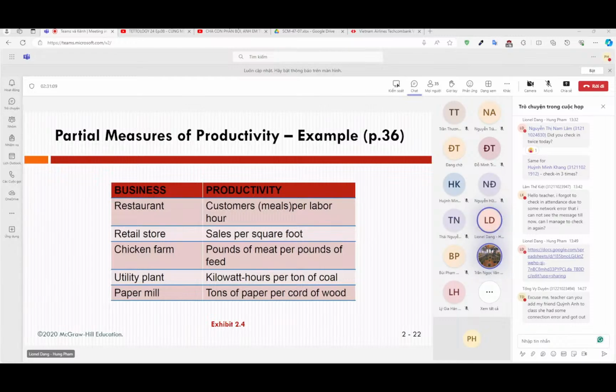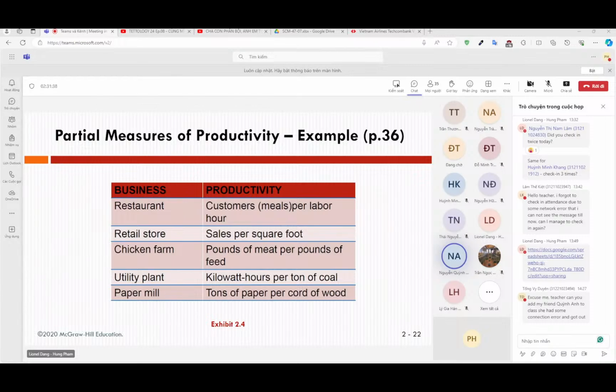We present this slide. So now give us a real example. Yes, this is the example of partial measure of productivity. Basically, managers can better understand how the company is performing when there are many units of many factors other than dollars.